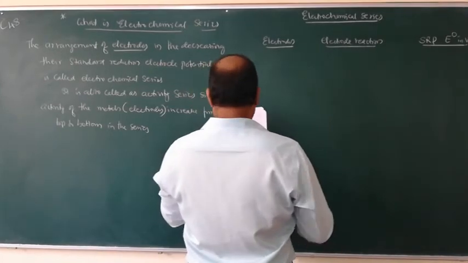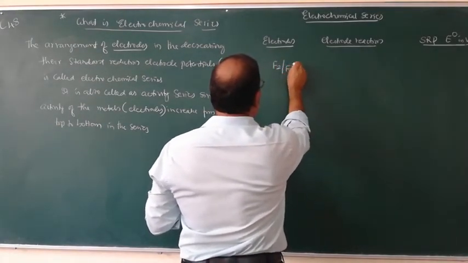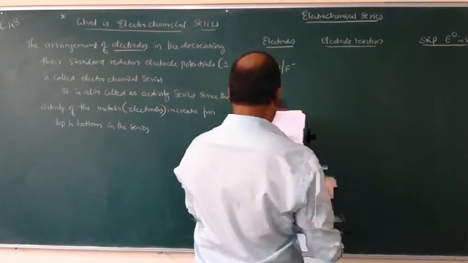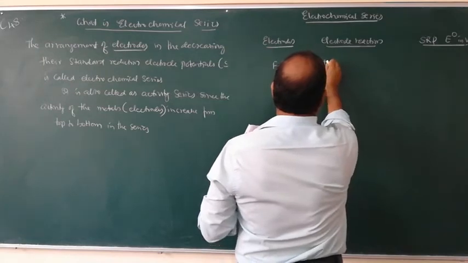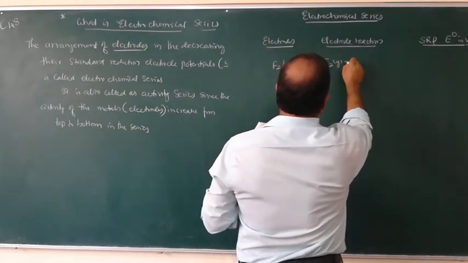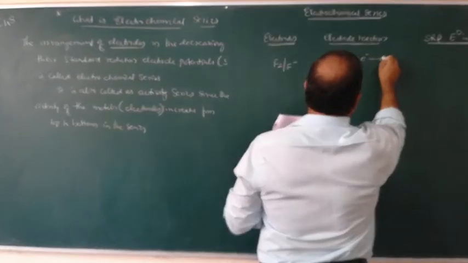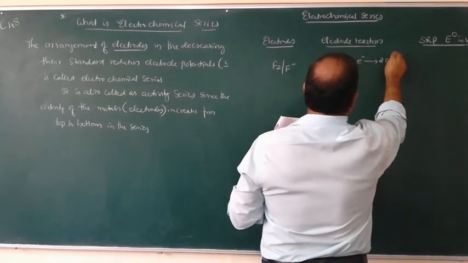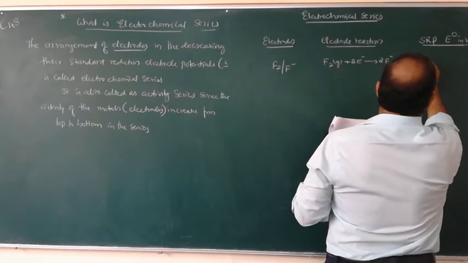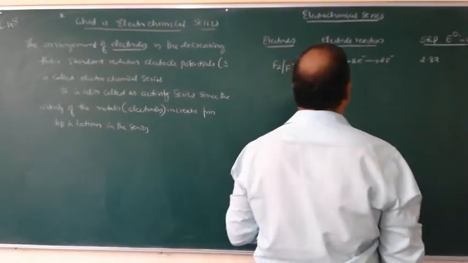So first electrode, F2 bar F minus. The reduction reaction is F2(g) plus 2 electrons gives 2F minus. The reduction electrode potential is 2.87 volts.